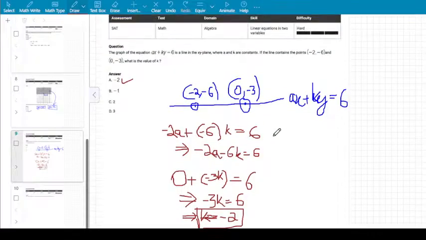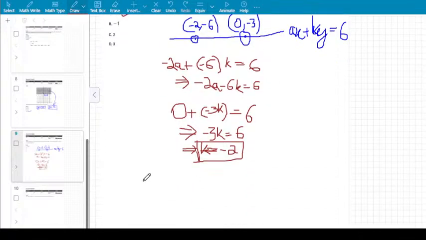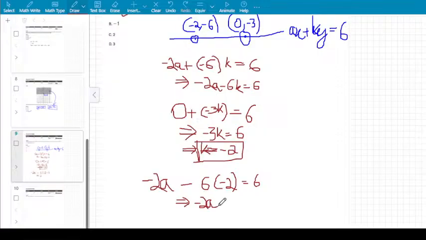Now if you want to find the value of a, then also we can do that. We can put k is equal to minus 2 in this equation, and then we'll get minus 2a minus 6 into minus 2 is equal to 6. Then minus 2a plus 12 is equal to 6.